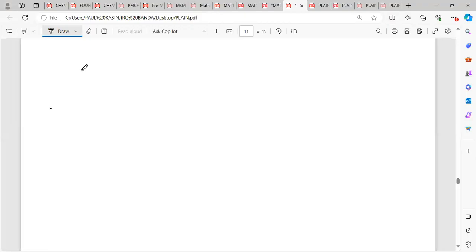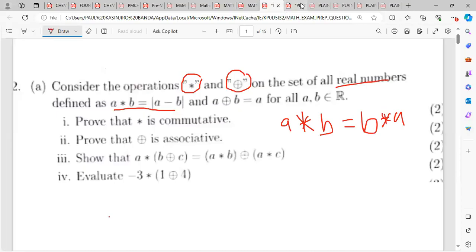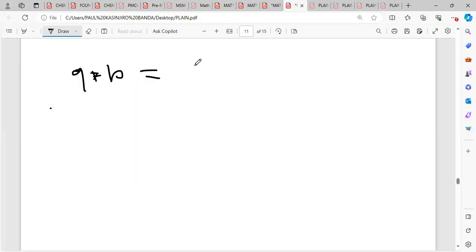It simply means that we have A star B, which is equal to the modulus of A minus B. Then the rule states that A star B should be equal to B star A.